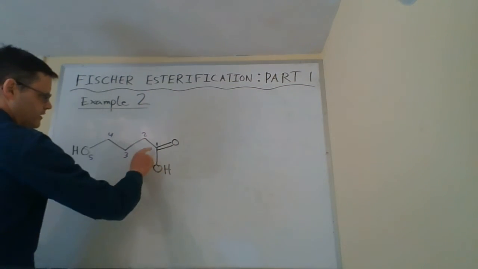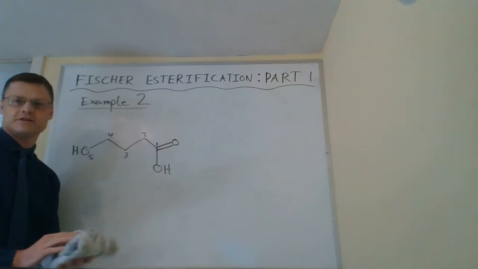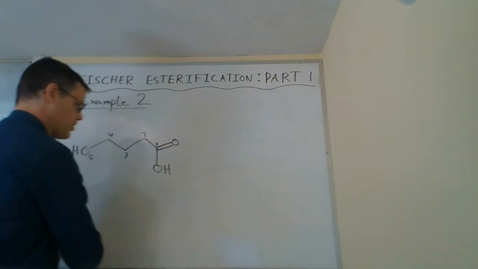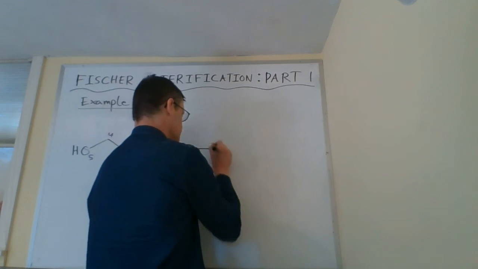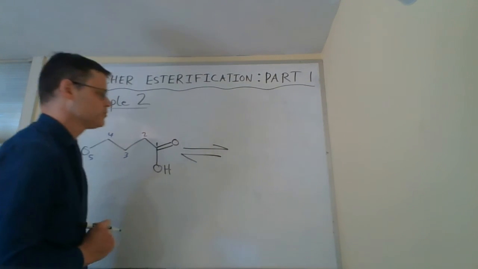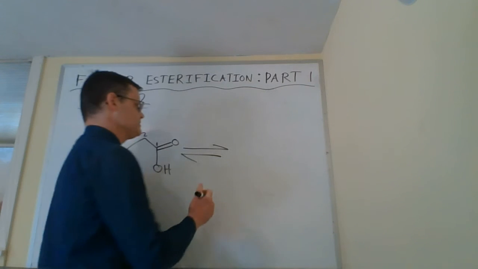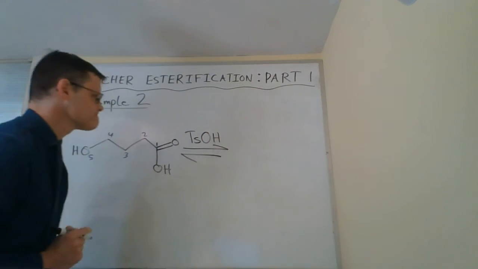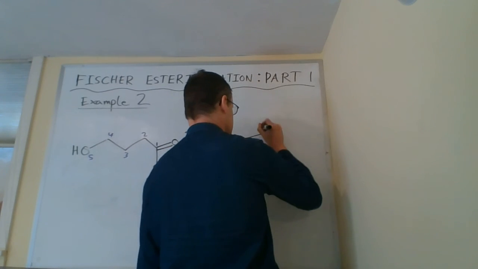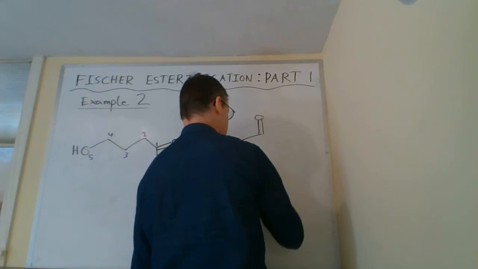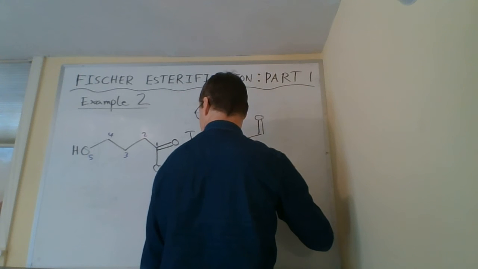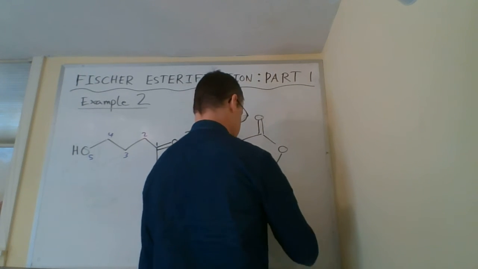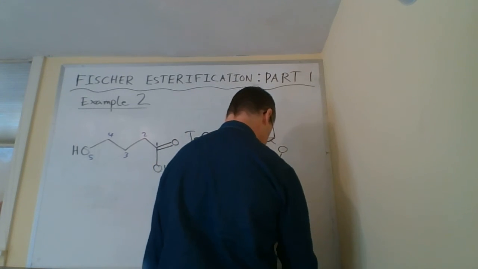I'll show the mechanism in probably the next video. The alcohol, we're going to form a bond between that oxygen and that carbon. Again, this is at equilibrium. The equilibrium constant's close to 1. I'm going to use tosic acid here, and my ester is going to be a 5-membered ring, plus water.